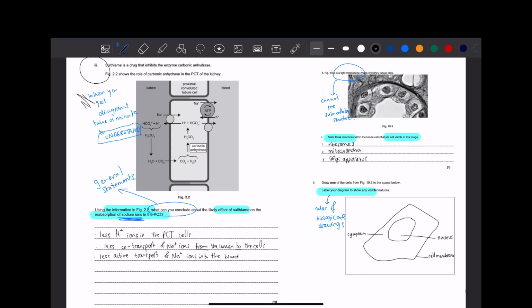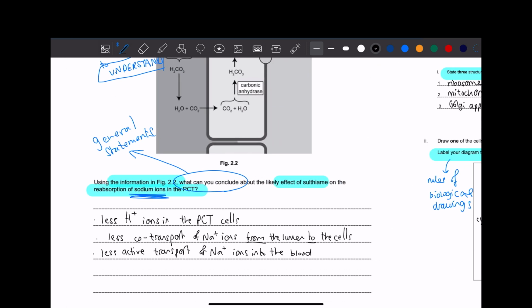So, using the information in figure 2.2, what can you conclude about the likely effect of sulfium on the reabsorption of sodium ions in the PCT? Okay, that's a bit of a mouthful, but let's dissect this. So we have to use figure 2.2.